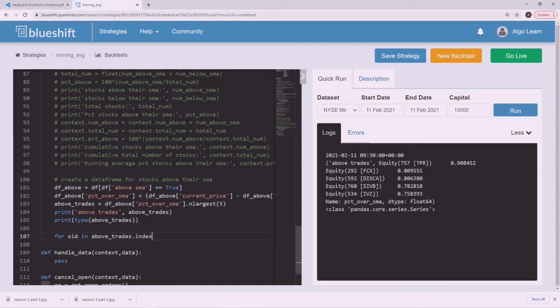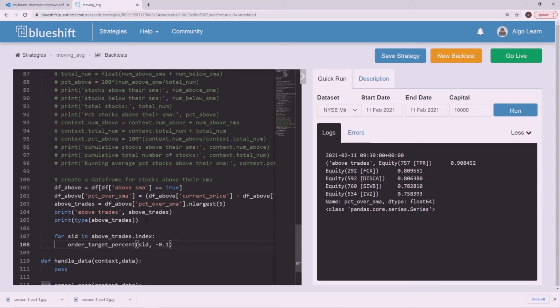So the index is going to be the 5 different securities, and so we're going to look for the security ID in the index, and then we're going to do order target percent, with the actual security, and then a negative 0.1, because we want to sell short.